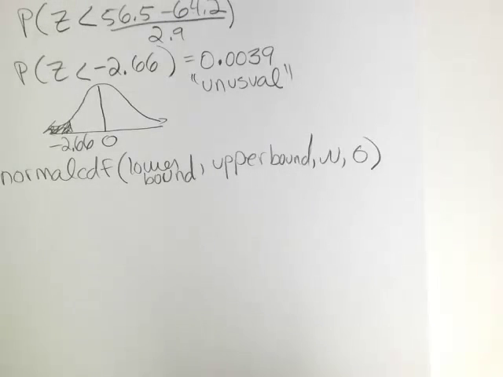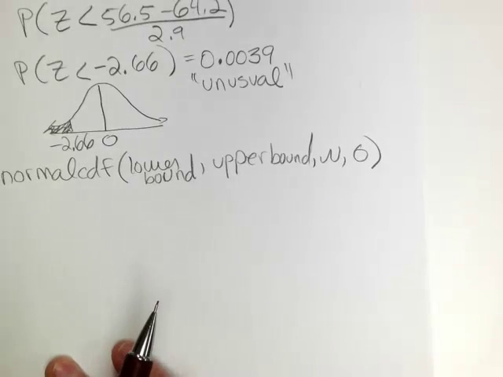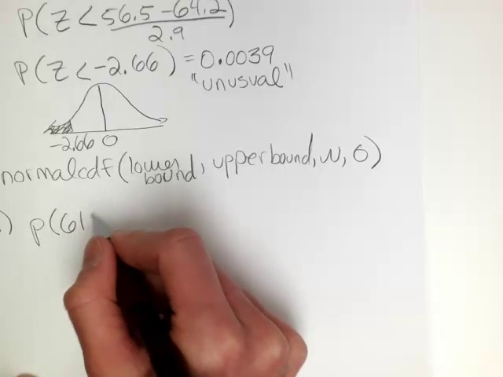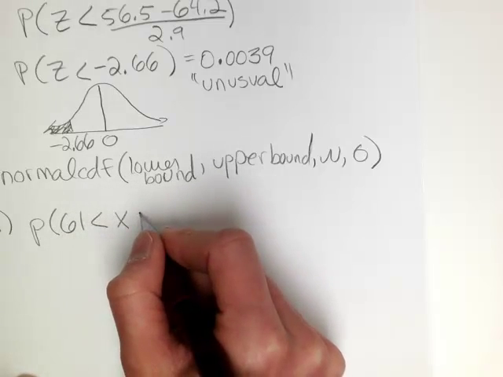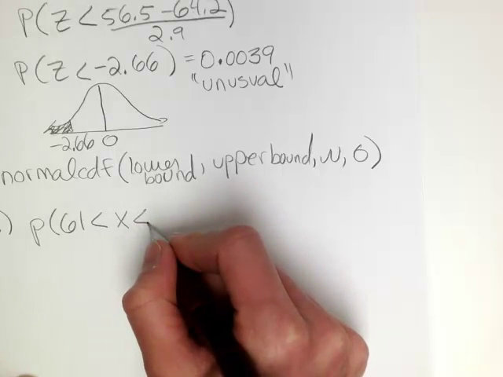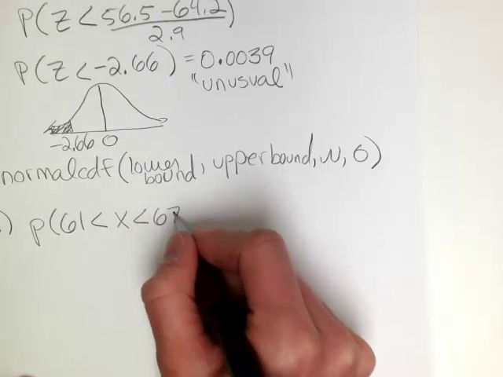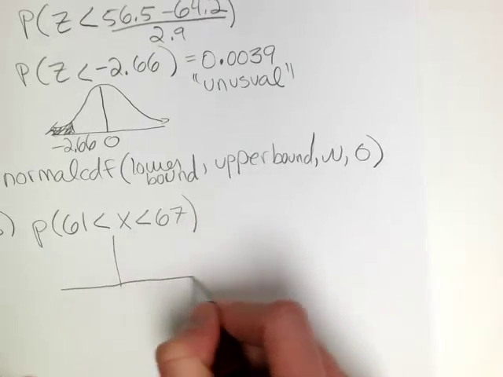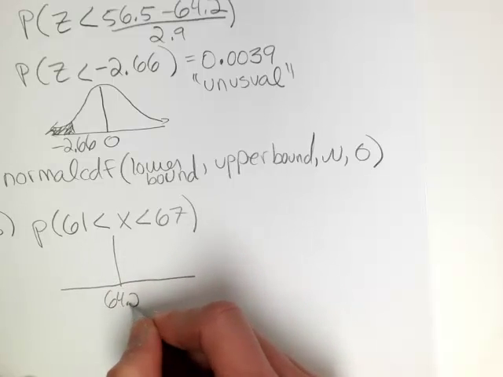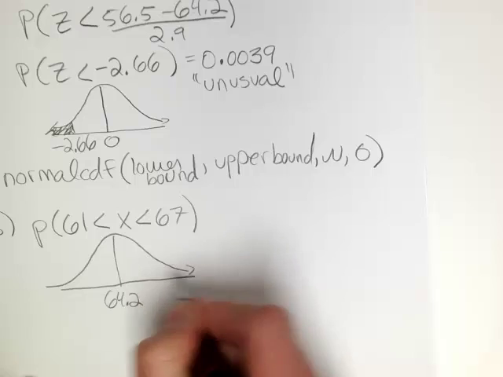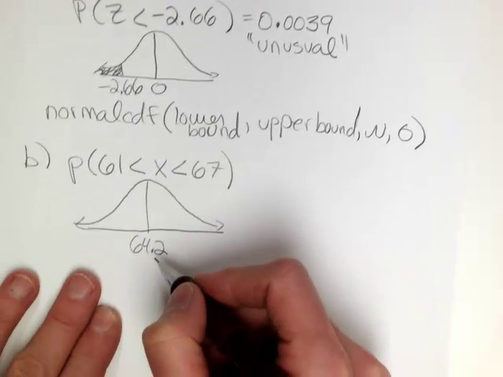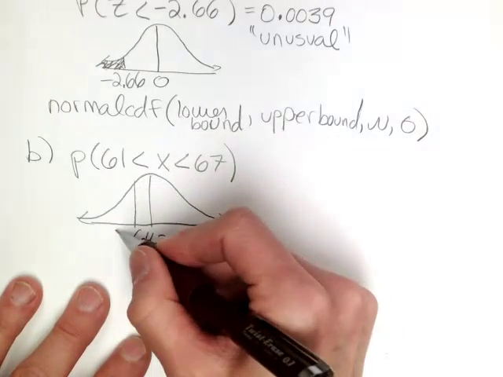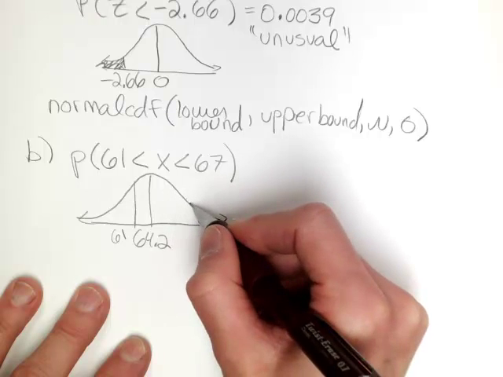Okay, let's take a look at part B. Between 61 and 67, okay, so that's the probability x is greater than 61 and less than 67. On a non-standard normal distribution, the mean was given to be 64.2. Sorry, that was crooked. So I'm finding an area from 61 up to about 67.